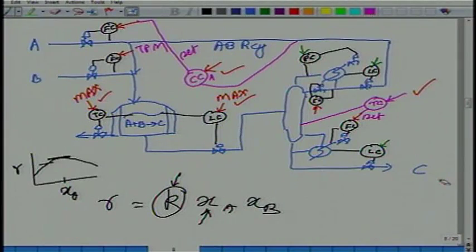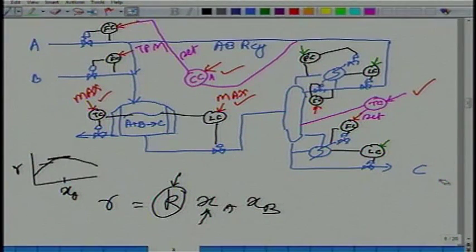Does this make sense? So in practice we will never go for composition control? No, in this process you have to. But composition control is sluggish. Of course it is sluggish.